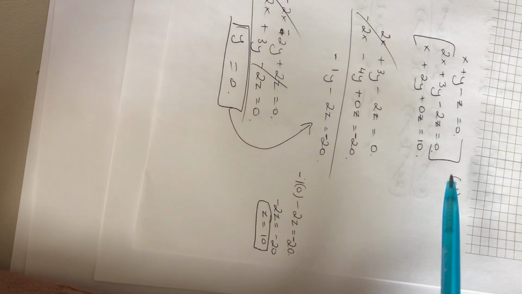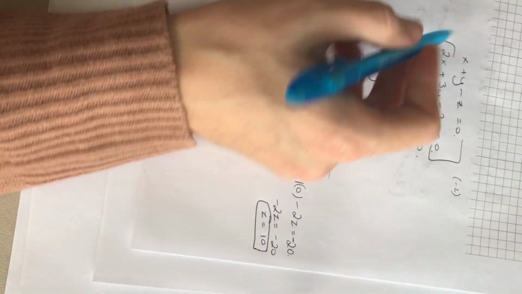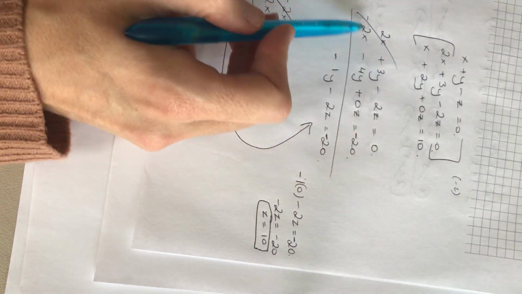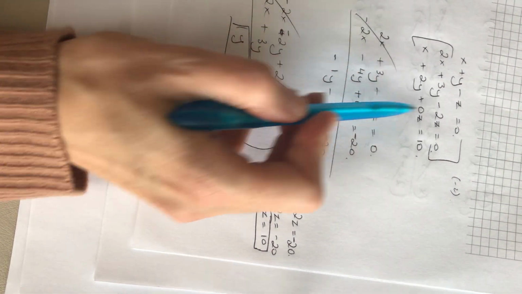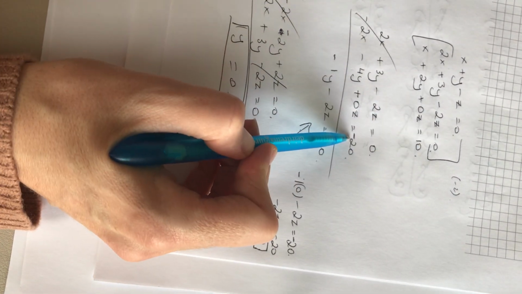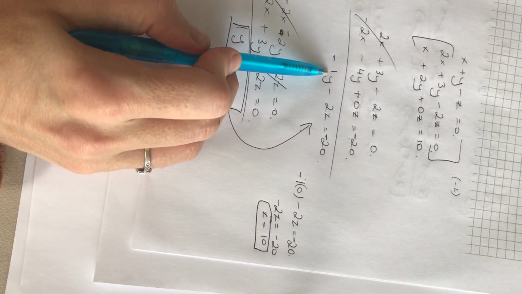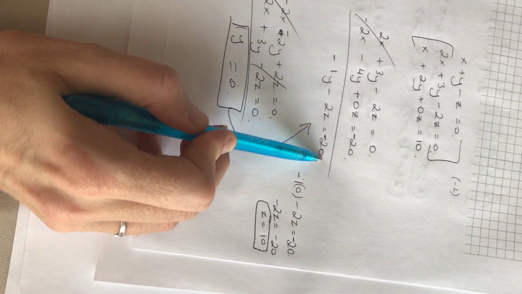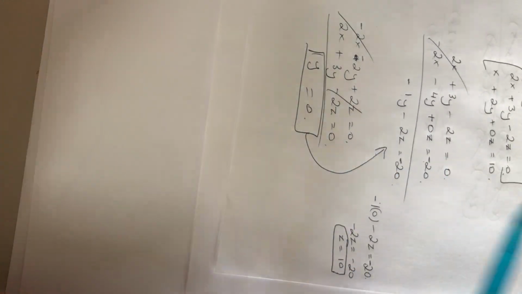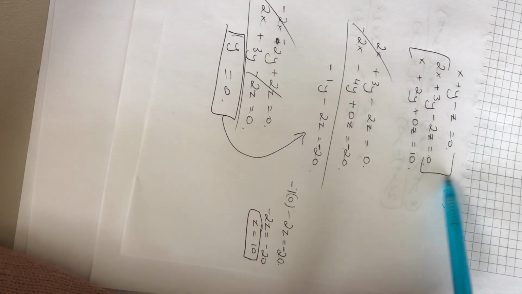Okay, so just back here, when I was multiplying the bottom line by a minus 2, it should have been a minus 20. And then I ended up with minus 1y minus 2z equals minus 20. And then I went on and took these two lines, multiplied the top line by a minus 2.